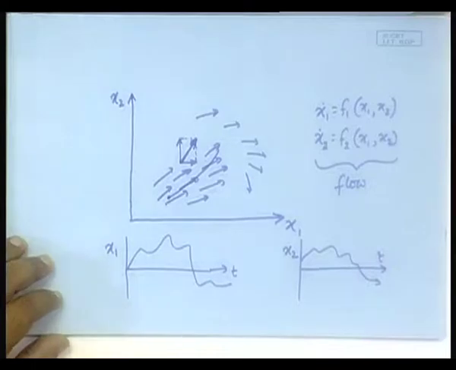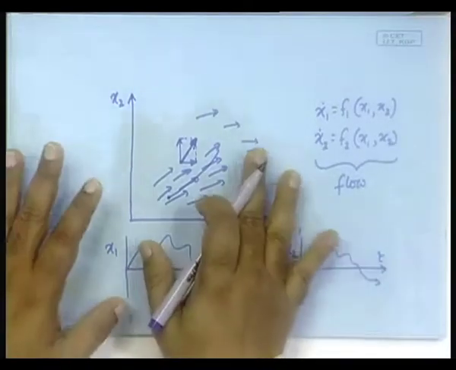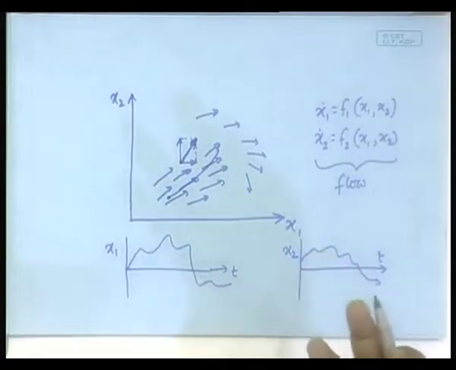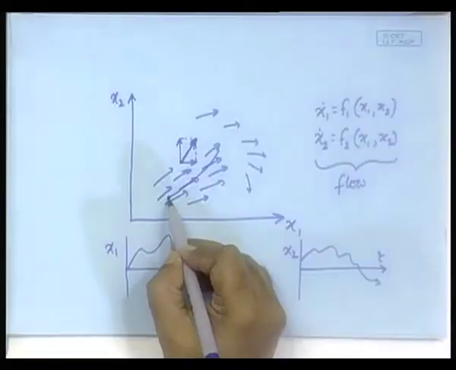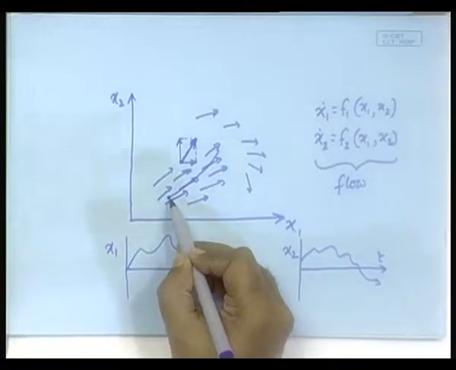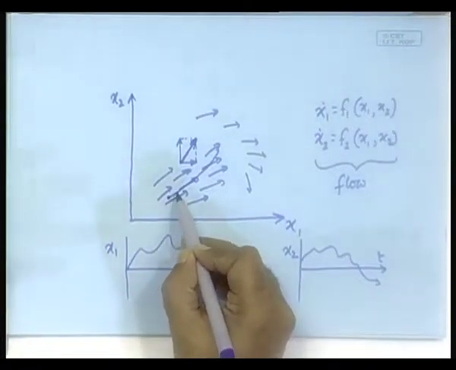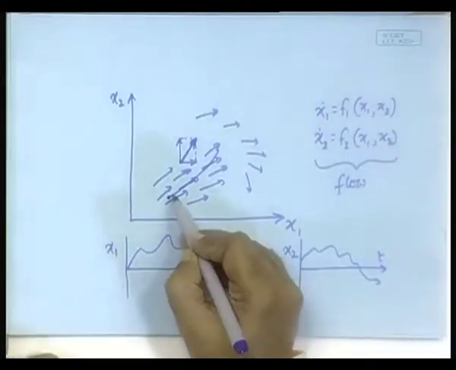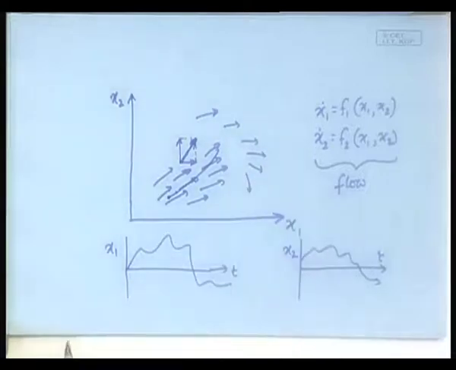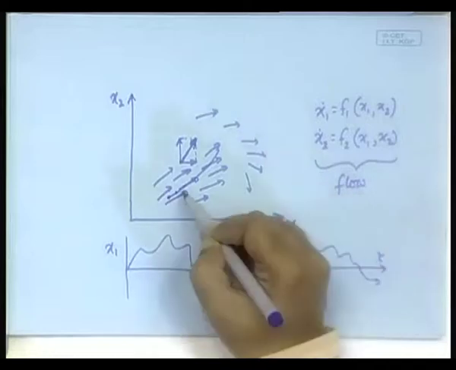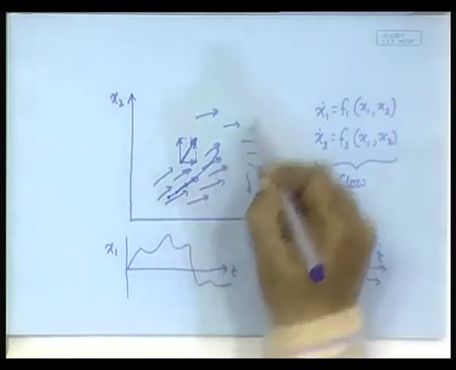So, now we will deal with this issue analytically later, but first let us find out how to obtain the numerical solution. You might say fine, what I will do is at every point I will find out the direction of the vector, which you can do the moment you have it, and then I will take a step from here to here along that direction. I come to this point, at this point again I evaluate the right hand side and I again draw the vector, and so on and so forth.